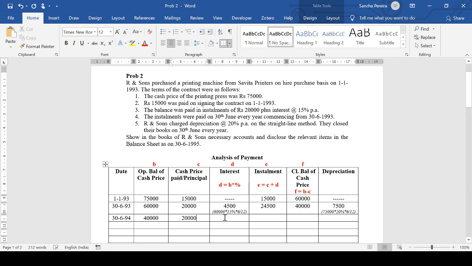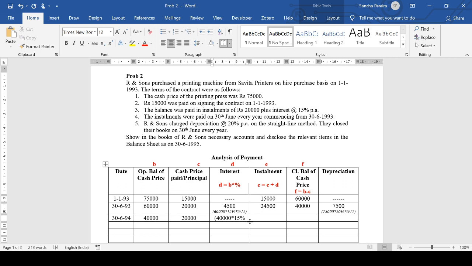Now we will have to calculate the interest. How will we calculate the interest? It's going to be 40,000 into 15%. Okay, 40,000, the opening balance of cash price, into 15%. Do we have to again multiply by 6 by 12 or can it be 12 upon 12?